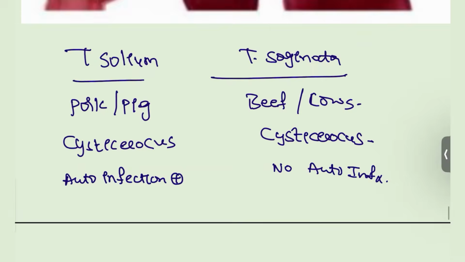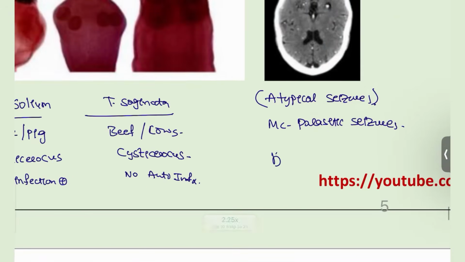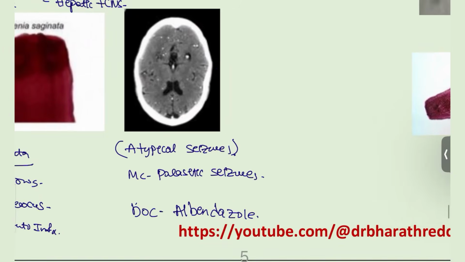All these you have to remember. The drug of choice for these patients is albendazole, and the patient may become progressive. This is due to Taenia solium.